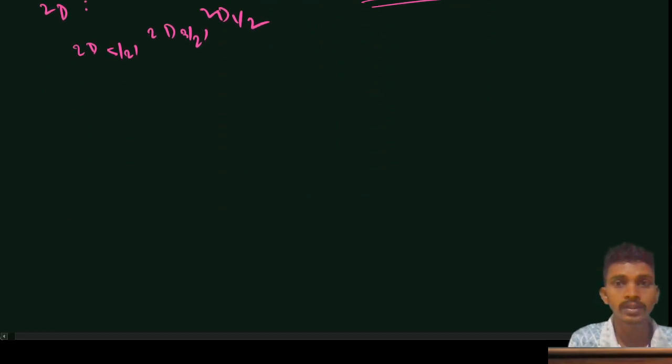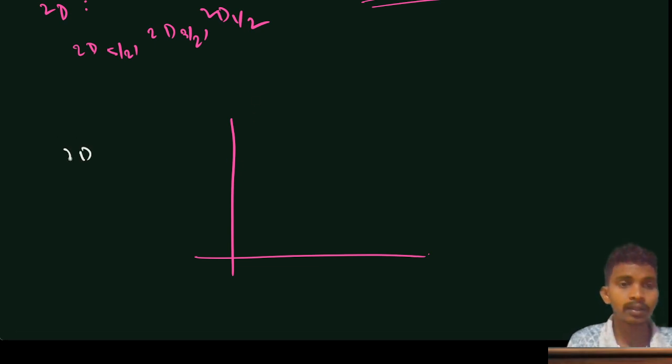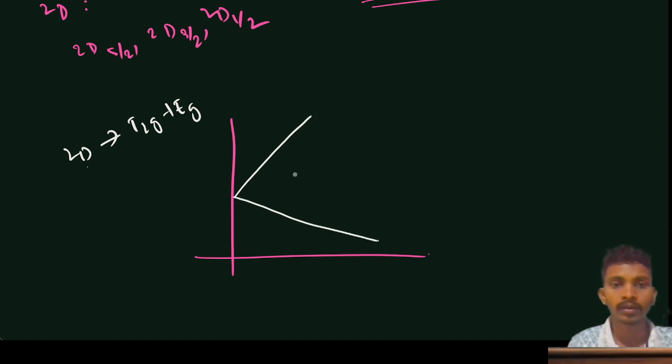So if you do the Orgel diagrams, what will the Orgel diagram look like? Whenever d2 is there, t2g plus eg are there. So for one d2, I will draw like this.